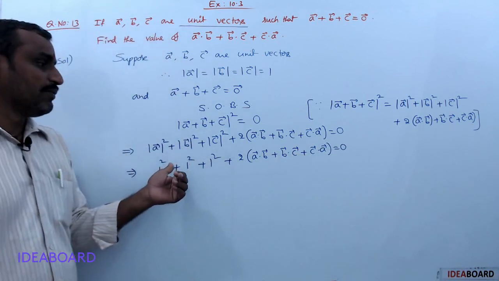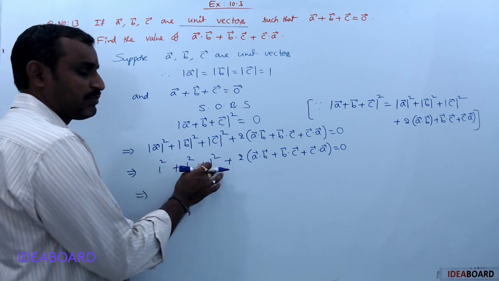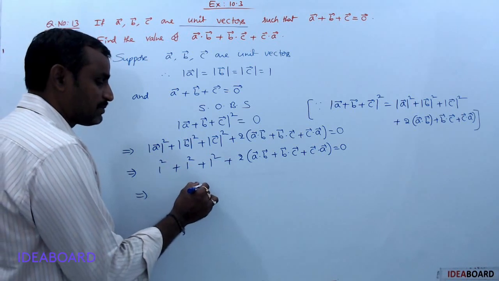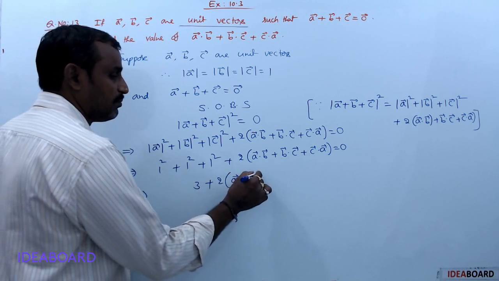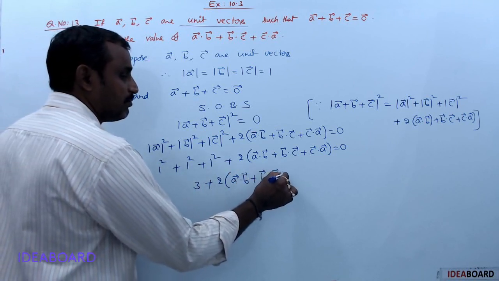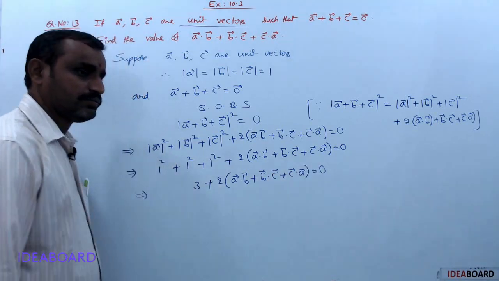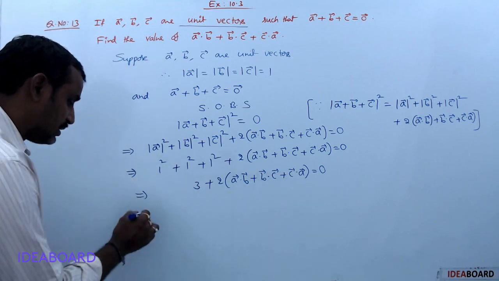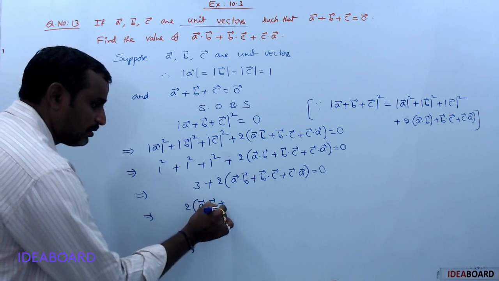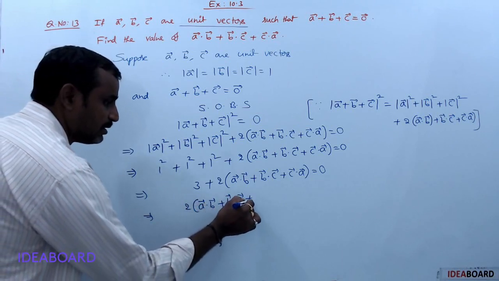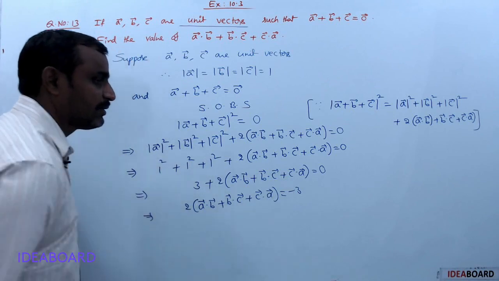After that, simplify these values. 1 square is 1, 1 square is 1, 1 square is 1, so the sum becomes 3, plus 2 times (a bar dot b bar plus b bar dot c bar plus c bar dot a bar) is equal to 0. This implies 2 times (a bar dot b bar plus b bar dot c bar plus c bar dot a bar) equals minus 3, since the positive 3 moves to the other side with a negative sign.